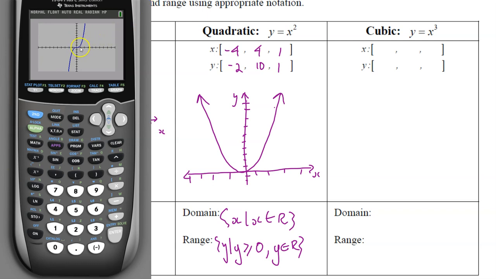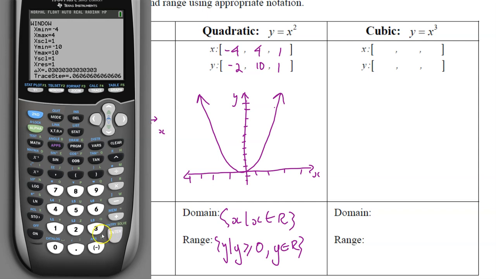So, if we think cubed, right? 1 cubed is 1, 2 cubed is 8, 3 cubed will be 27, and same thing on the other side. So let's adjust our window. Let's say we go from -4 to 4, along the same lines as before.